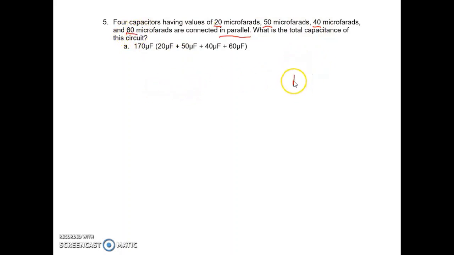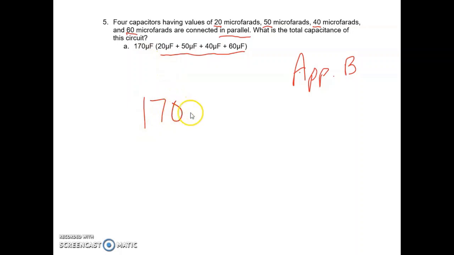And if you look at Appendix B, or in the chapter, when capacitors are connected in parallel, we can simply add them up. That's what we have here. When we do add them up, we end up with 170 microfarads.